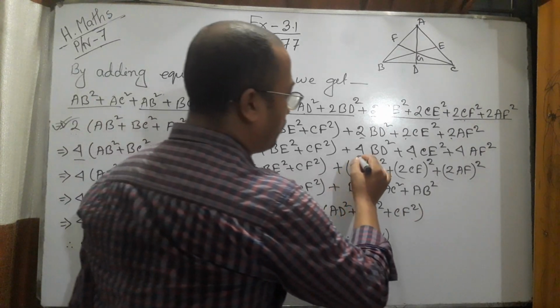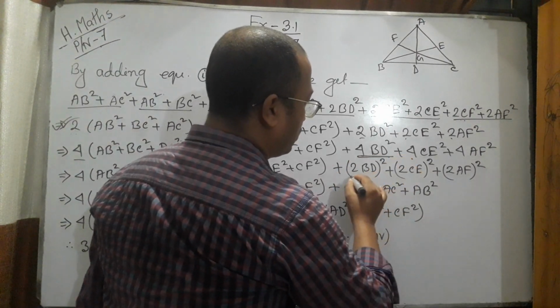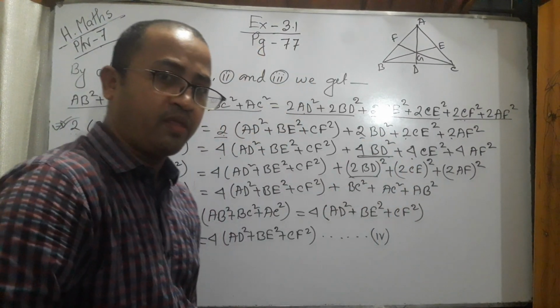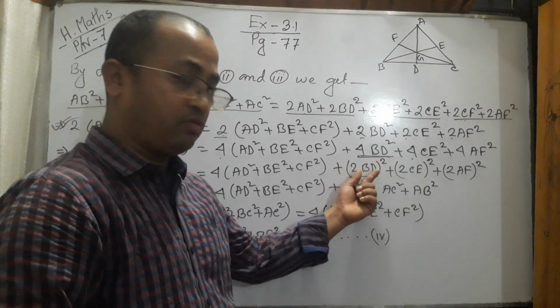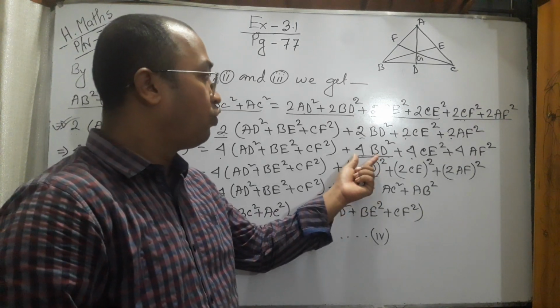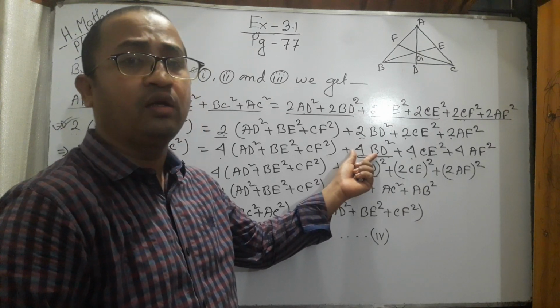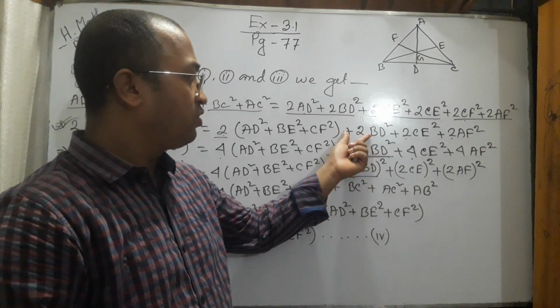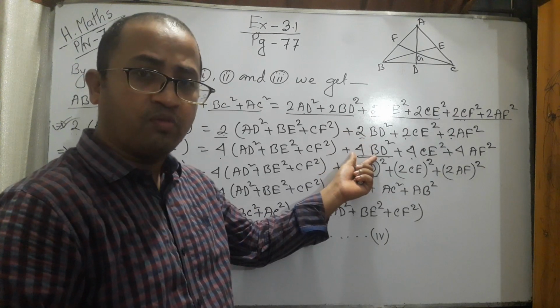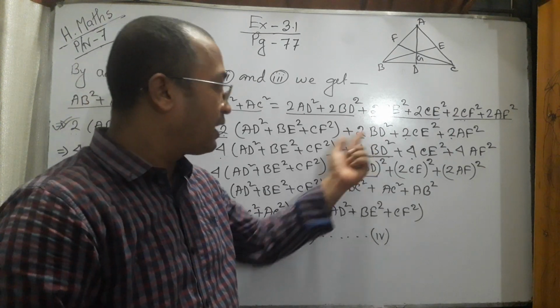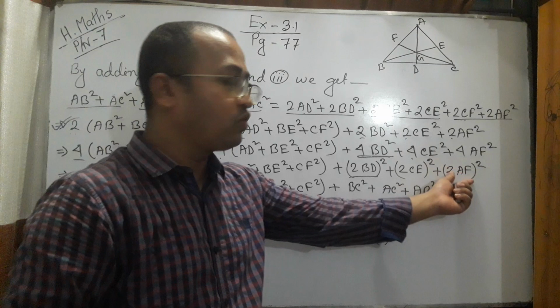But look, 4BD square, we can write as 2BD whole square. To make them whole square, we multiply both sides of this equation by 2. It was 2, we make it 4 by multiplying by 2 to make them whole square.